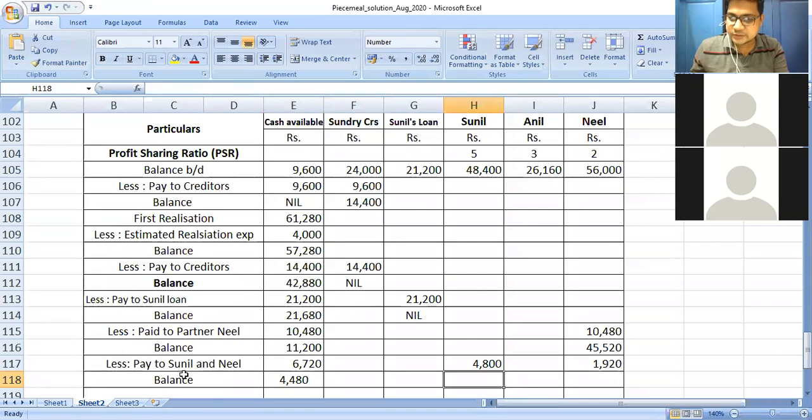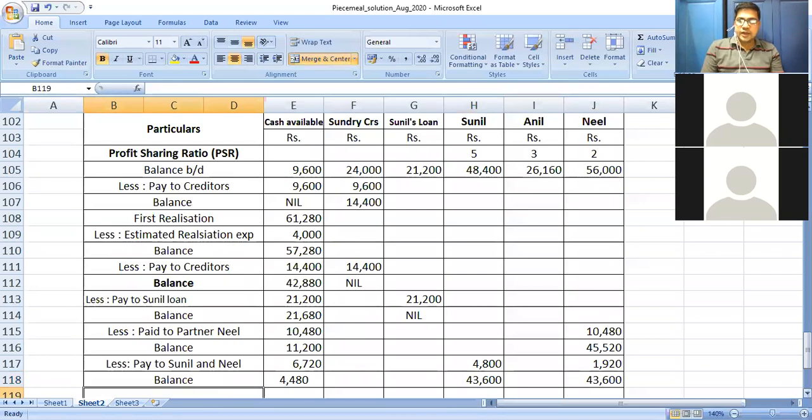Sunil's balance: 48,400 minus 4,800, the rest of the balance is 43,600. What about Nil's balance? 45,520 minus 1,920, the rest of the balance is 43,600. I hope you understood what is going on.